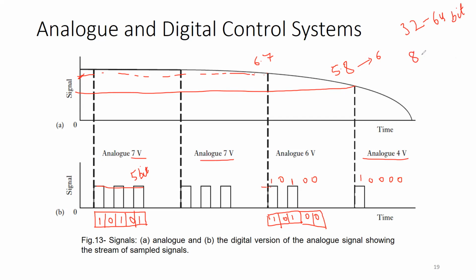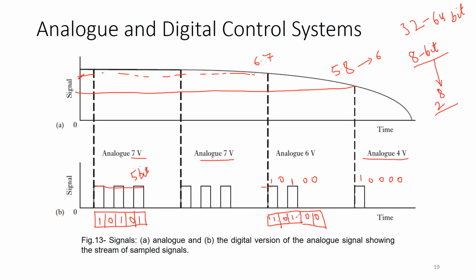But in previous generation systems, we used to have 8-bit systems also, which was able to make this much digital information combinations, 2 raised to power 8. So an 8-bit system, which was used in previous generations in a digital control system, was able to store how many distinct values? 2 raised to power 8.